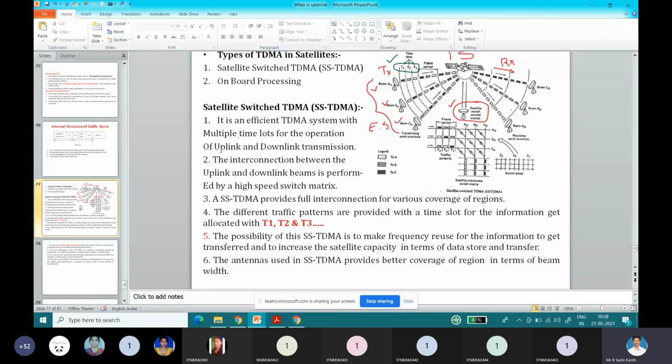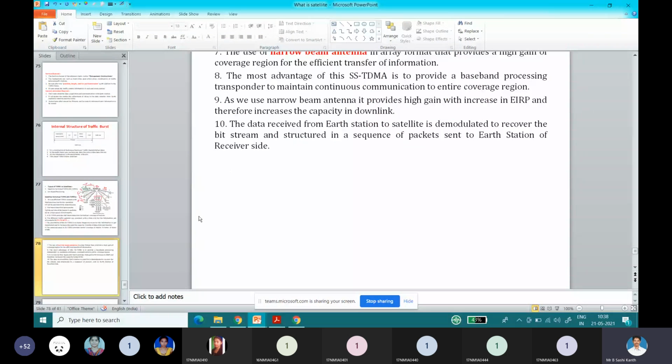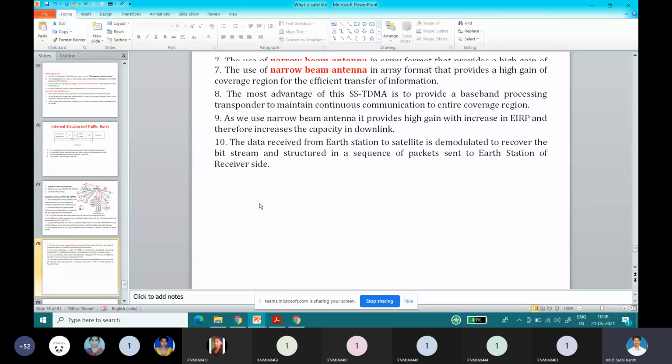So we have narrow bandwidth, narrow antenna beams that help us to provide high gain of the coverage region, which has the information, and this maintains a continuous communication for the entire coverage. As we are having narrow beam antennas, it provides high gain with increase in EIRP, effective isotropic radiation pattern.